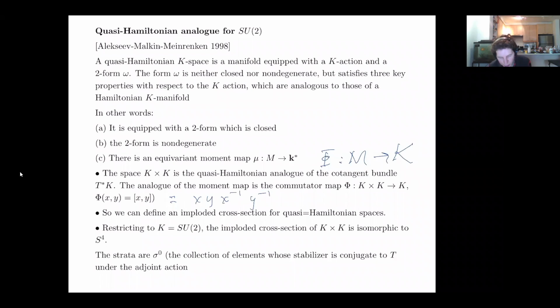So it is possible to define an imploded cross-section for quasi-Hamiltonian spaces. Restricting to K equals SU2, the imploded cross-section of the analog of the cotangent bundle, K cross K, is isomorphic to S4. For the points where the stabilizer under the conjugation action is the maximal torus, we define that stratum as sigma 0.